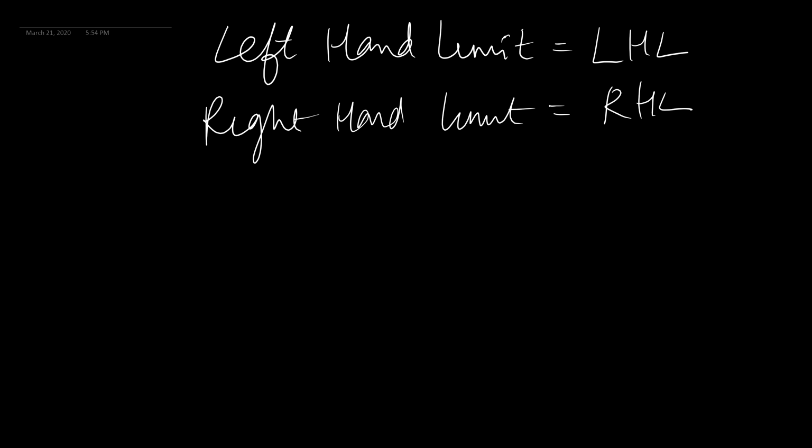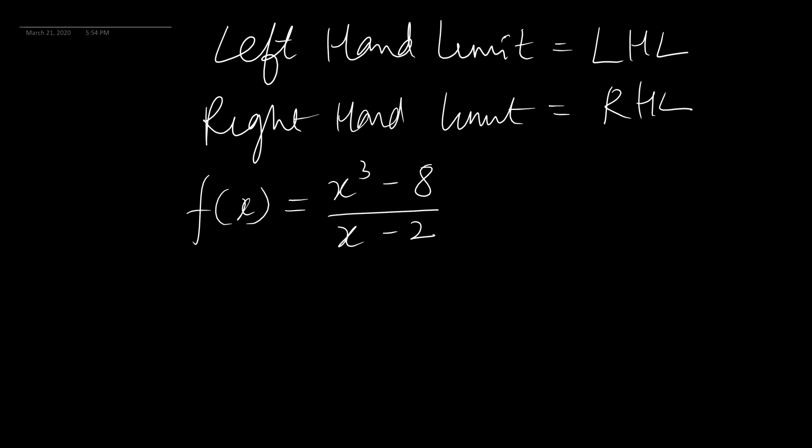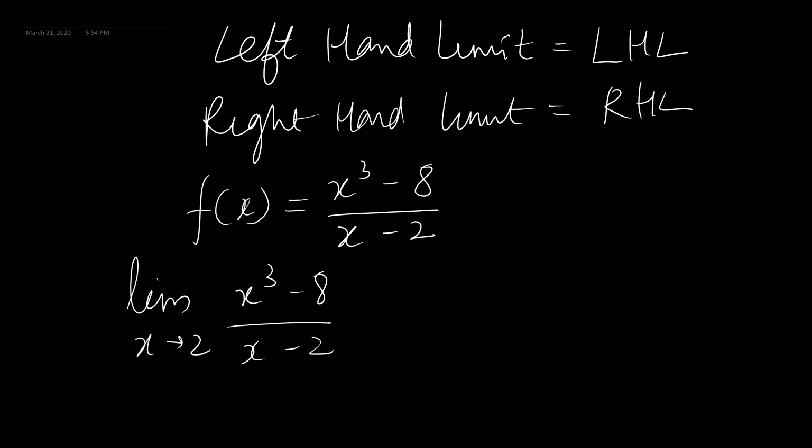Right, so in the previous function, f of x equals x cube minus 8 upon x minus 2, when the limit was x tending to 2, we got 12 by an algebraic method.